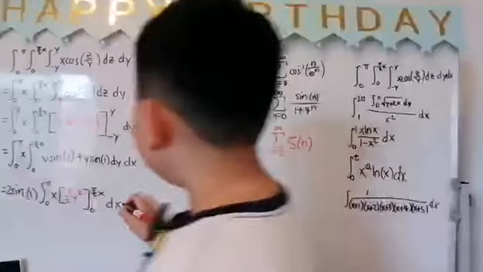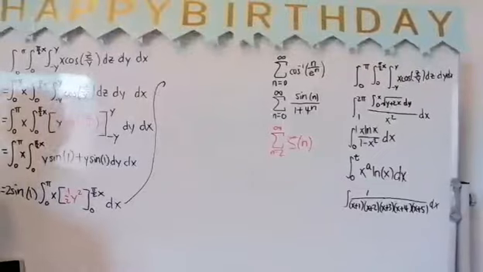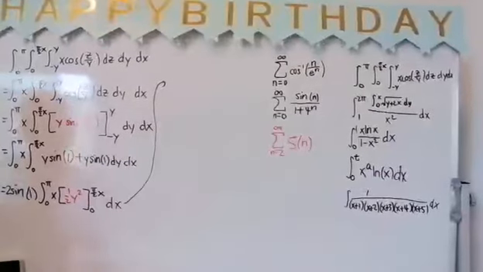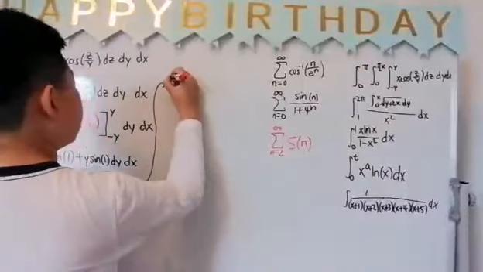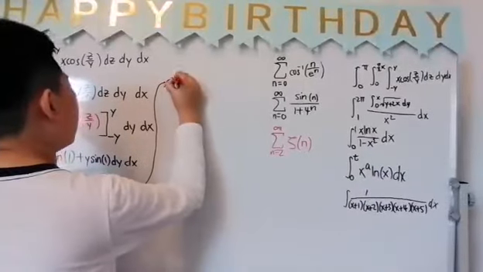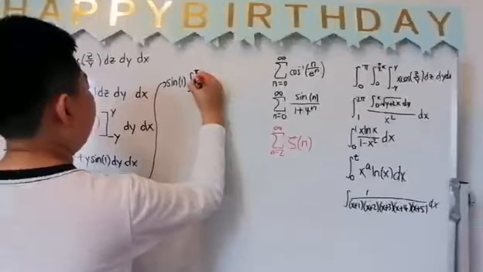And then we're going to move all the way to the top again because we're going to do just a little bit of moving things around. So first of all, we can cancel this 1/2 with this 2. So we get this is equal to the sine of 1 times the integral going from 0 to pi of x.